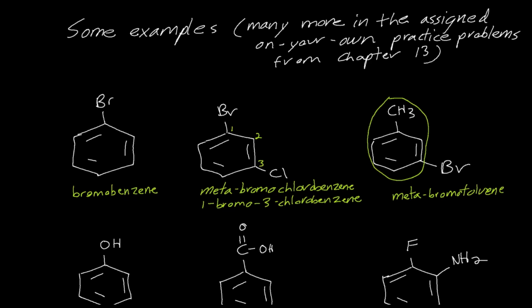But then again, alternatively, it's still correct to say 1-bromo-3-methylbenzene, because bromine has a higher atomic number and takes precedence in the numbering. And that's equally correct, but far fewer people would use it. Most everyone would say meta-bromotoluene.